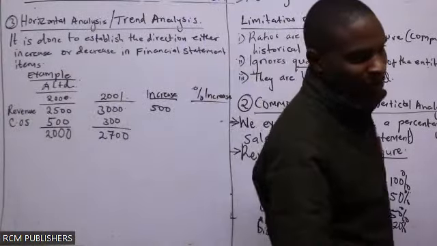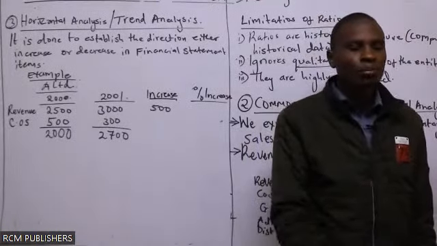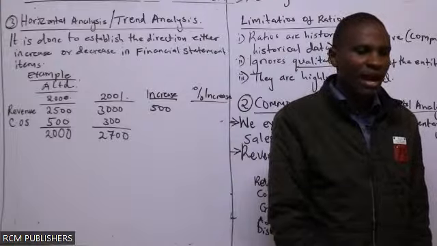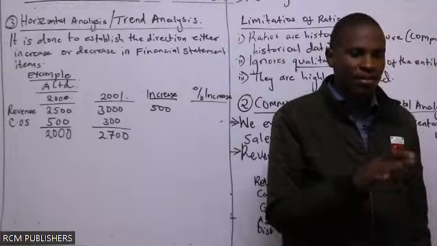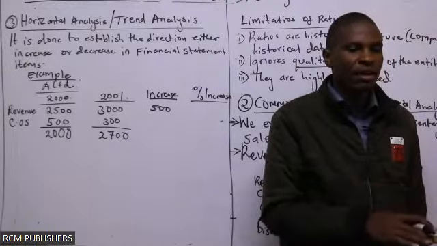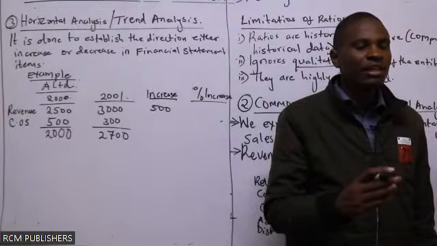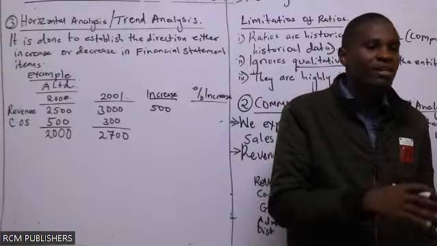Percentage increase is computed using the previous year as the base year. So 2000 will be the base year. So percentage increase will be 500 divided by 2,500 times 100.